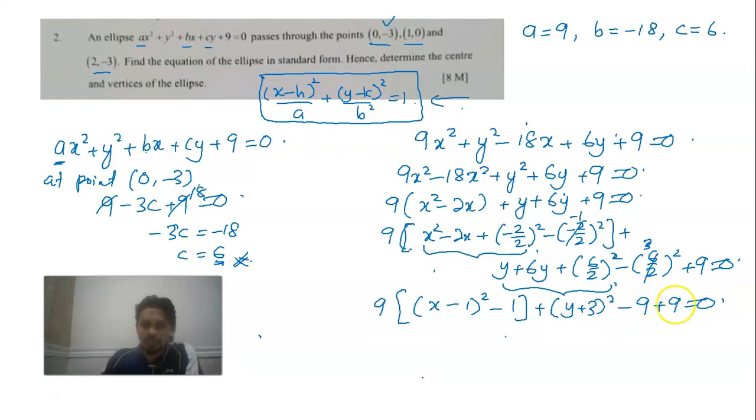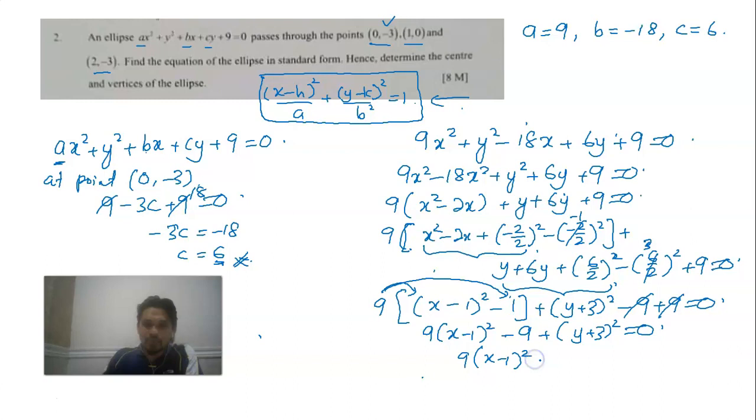So now 9 minus 9 equal to 0. Multiply this: 9 times (x minus 1) squared minus 9, plus y plus 3 squared equal to 0. So then 9(x minus 1) squared plus (y plus 3) squared equal to 9.